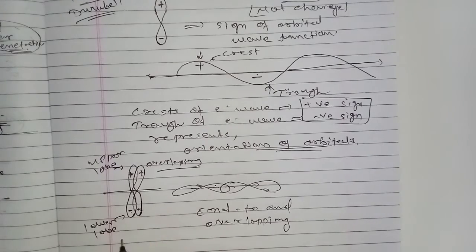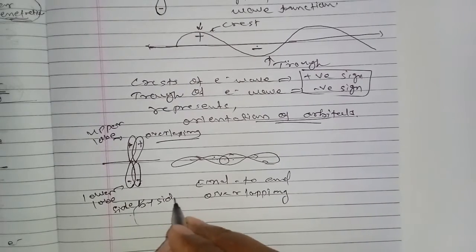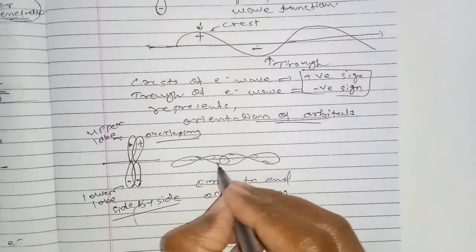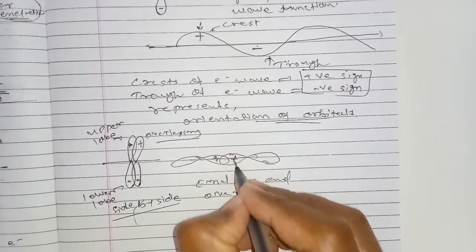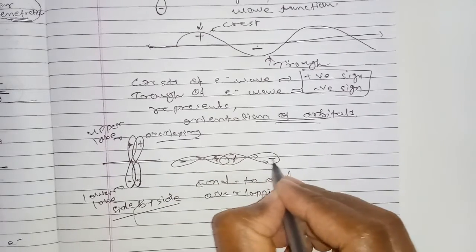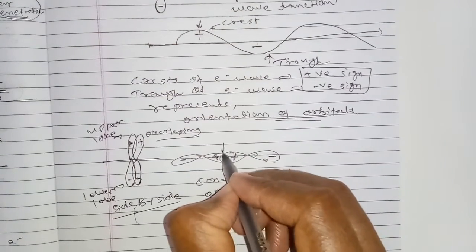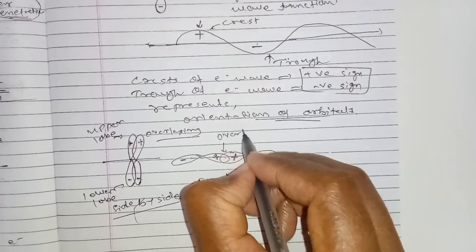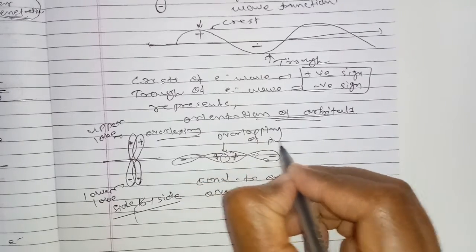And this is called sidewise or side by side overlapping, of p orbitals.